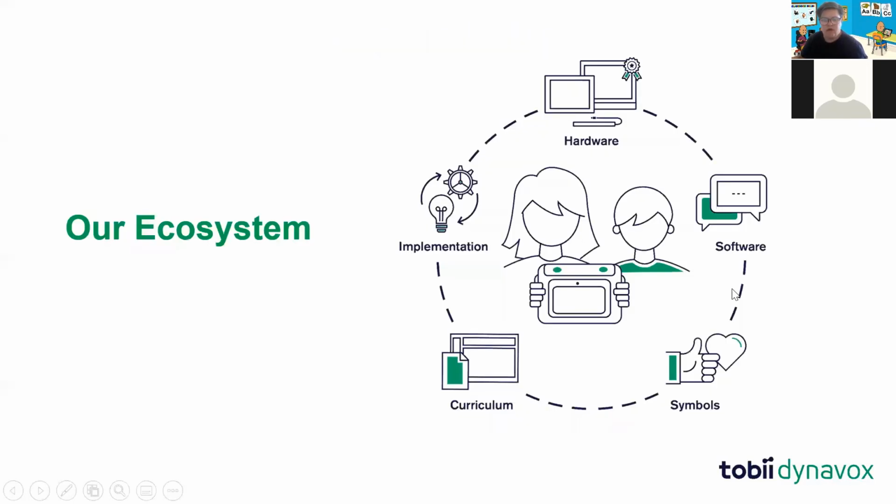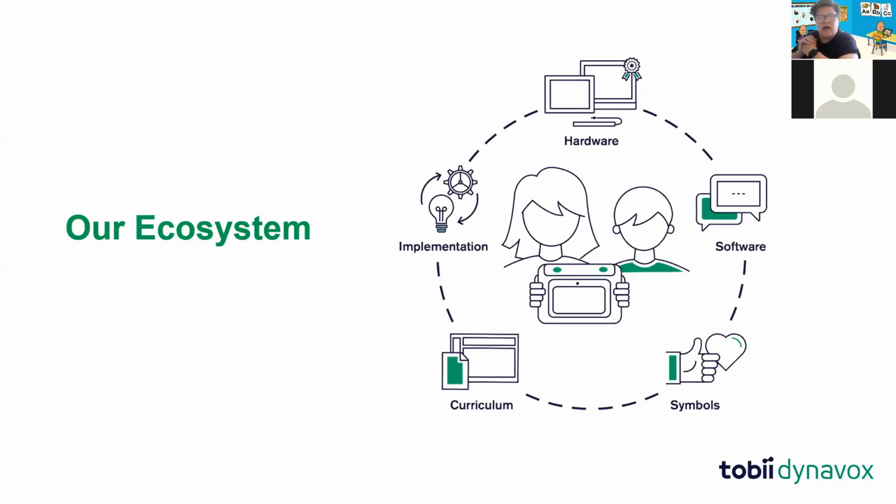So, just to start off, I just wanted to have a brief look at this ecosystem. This is something that we put together at Tobii Dynavox to illustrate all the different tools that we have and things that we support within our company. We always have, obviously, our user and those carers that are supporting them at the centre. And then on the outside, all the different things that we can do to support anybody that uses AAC.